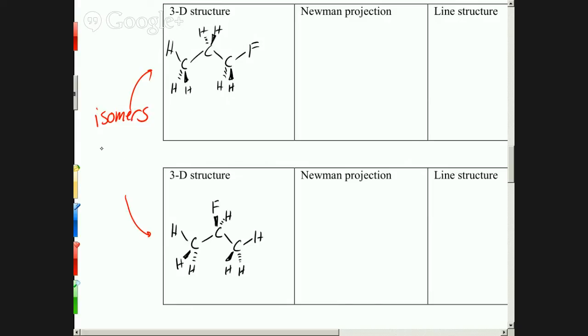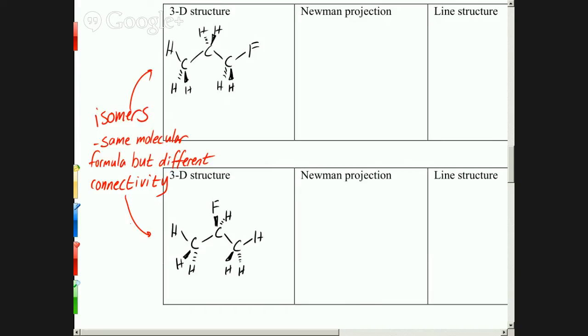Isomers are molecules that have the same molecular formula but a different connectivity, meaning they're connected in different ways.